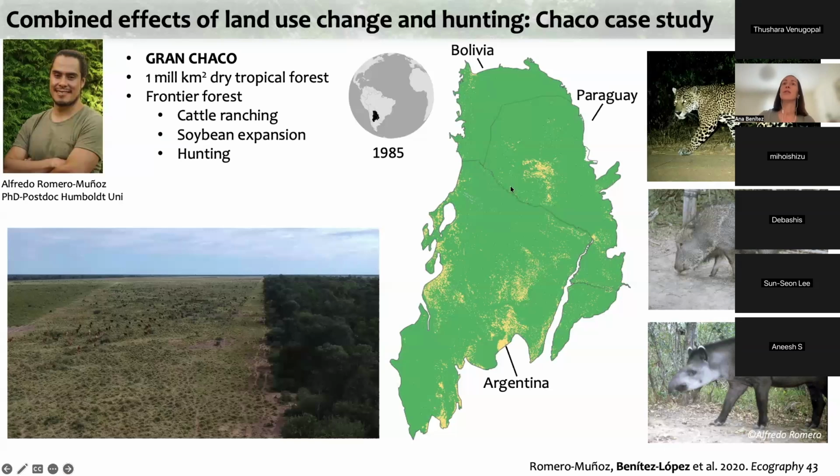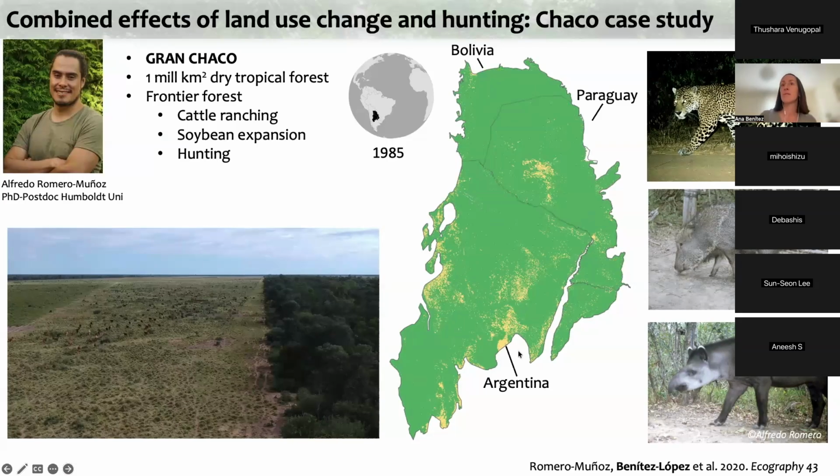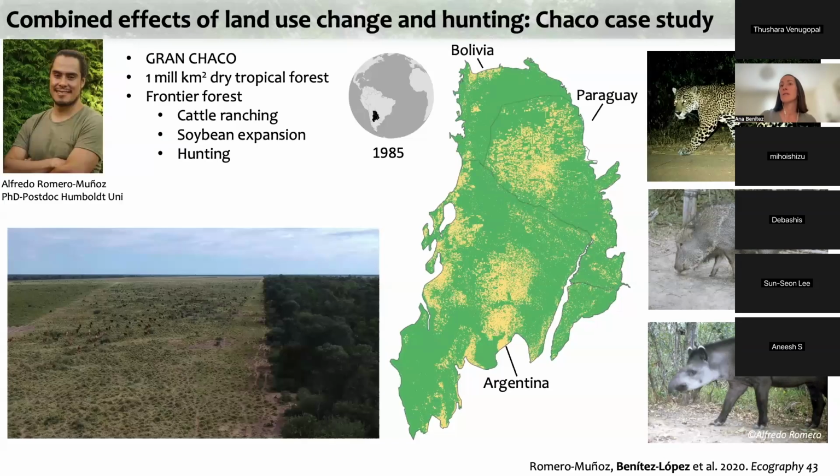And this is the Chaco in 1985, and this is how it has changed. Sorry, I didn't change the year here, but it's 2025. And in yellow, what you see is basically anthropogenic land use expanding. So what we did is combine habitat suitability models for almost 50 mammals living in the Chaco together with my hunting pressure models.